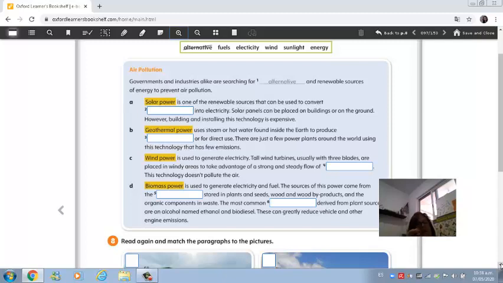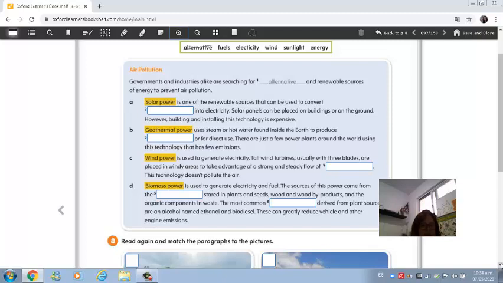C. Wind power is used to generate electricity. Tall wind turbines, usually with 3 blades, are placed in windy areas to take advantage of a strong and steady flow of wind. This technology doesn't pollute the air.